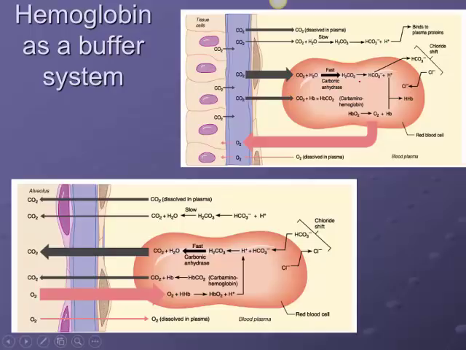This same blood, which has carbon dioxide, is coming towards the alveoli. The carbon dioxide dissolved in plasma goes right across the respiratory membrane. The plasma proteins release the hydrogen ions, which bind to the bicarbonate, forming carbon dioxide that goes out this way.